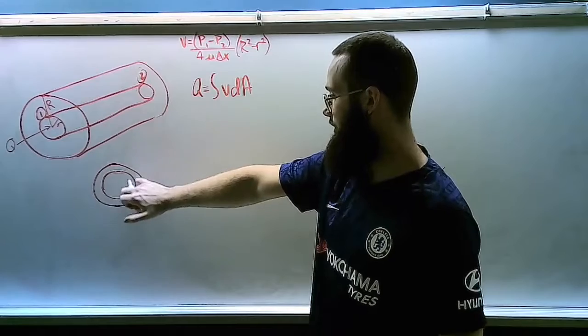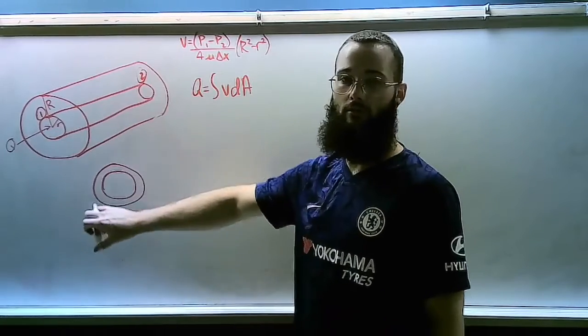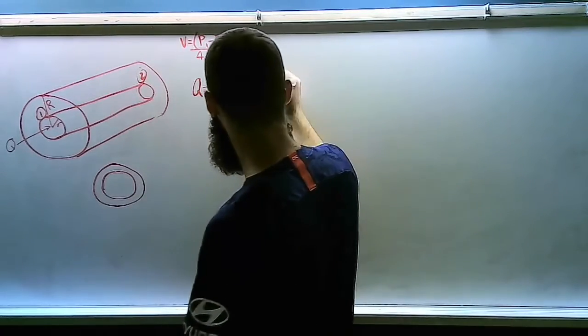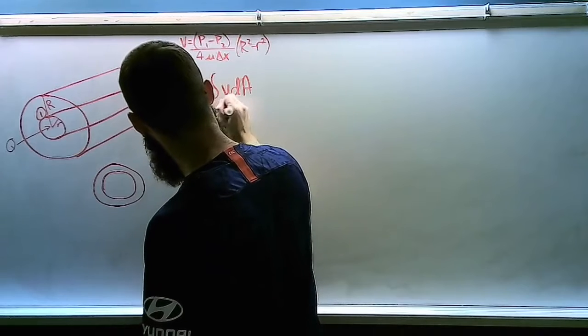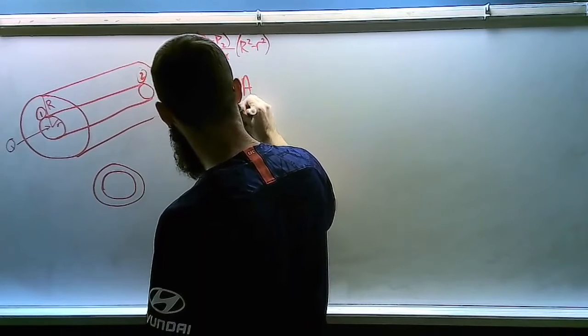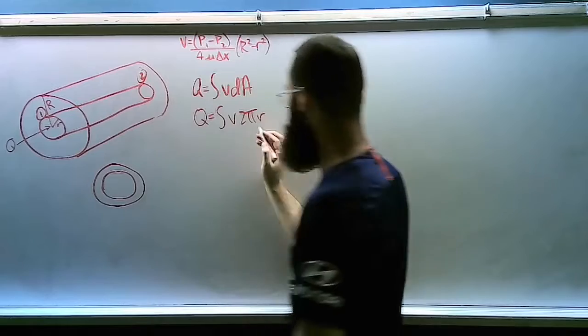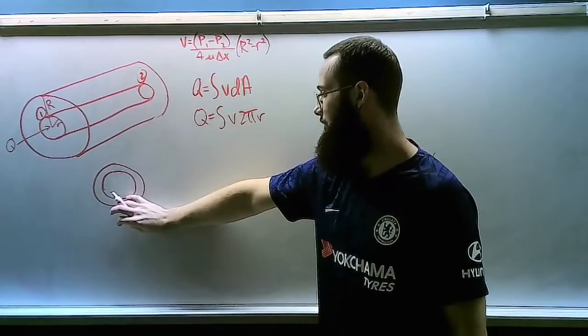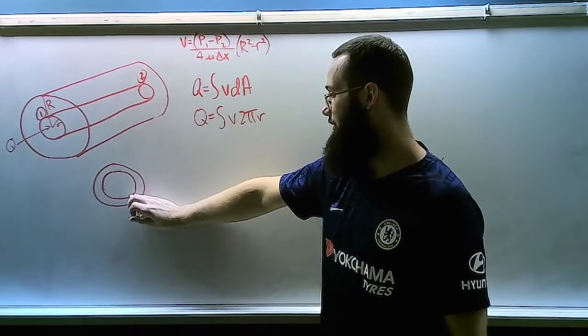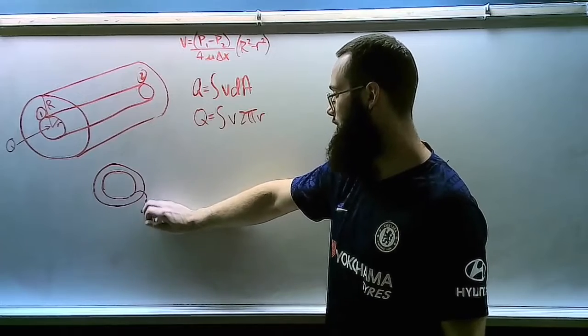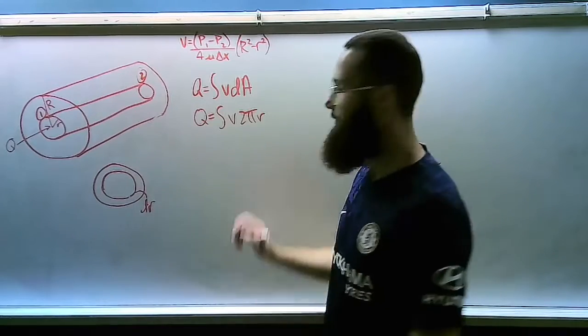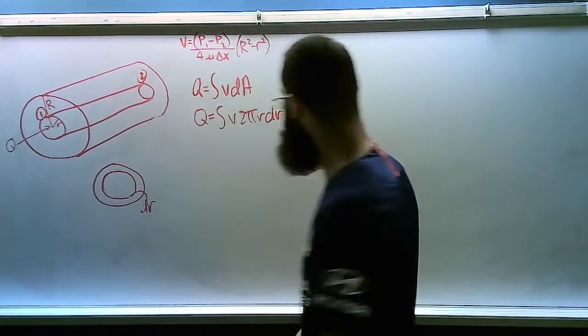So if this is our differential area here, you can see it's a circle. So it's going to be the circumference of the circle, 2 pi at some radius r, times the differential radius there. So dr.